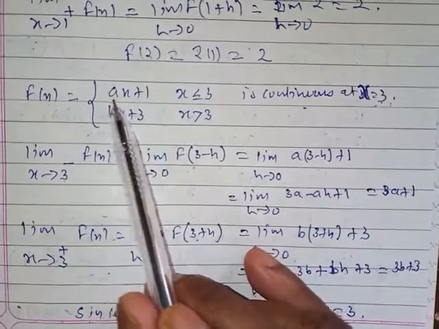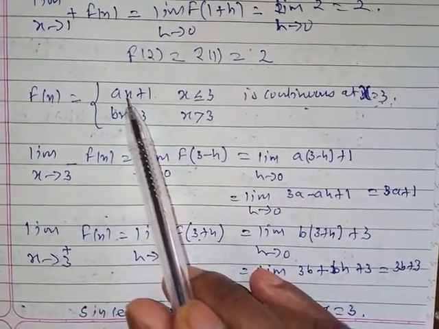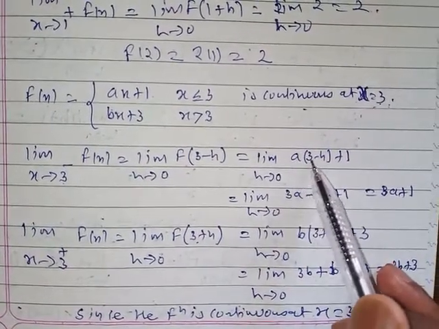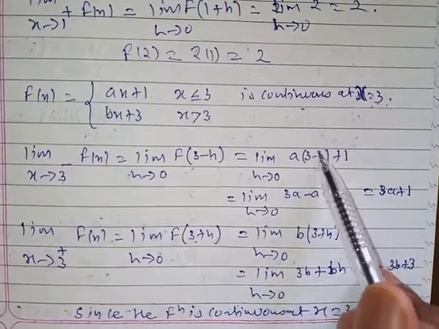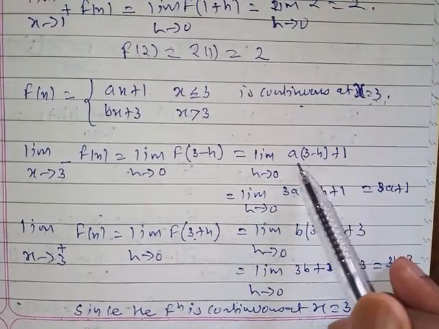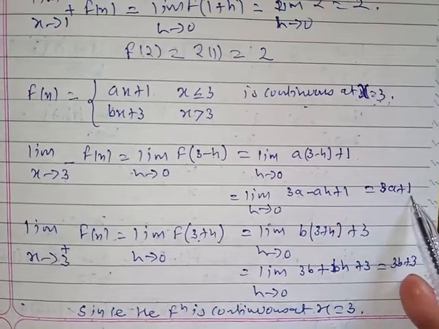So this function will be used. Substitute 3 minus h in place of x. It becomes limit h tends to 0 of a times 3 minus h plus 1. If you substitute h is equal to 0, it will be 3a plus 1.